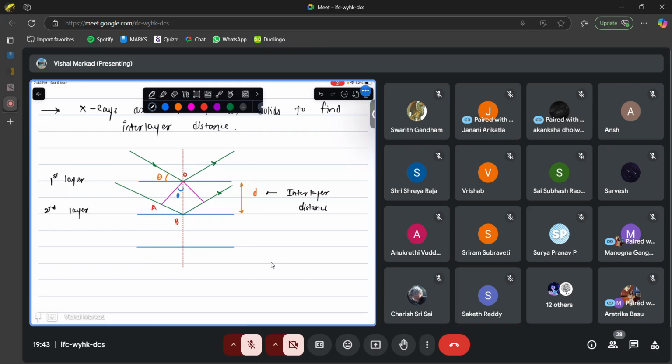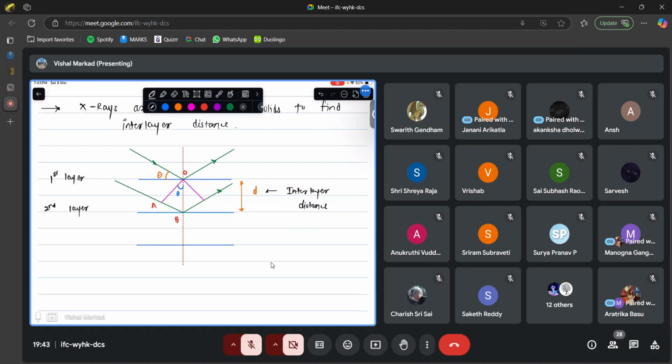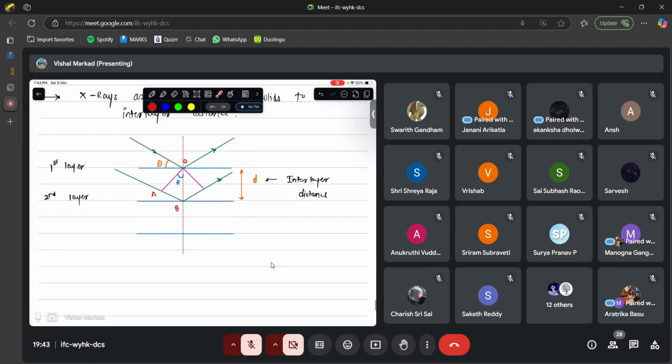Now for the reflected rays to be in the same phase, what does the path difference need to be? For the reflected rays to be in the same phase, the path difference needs to be n lambda. Okay.